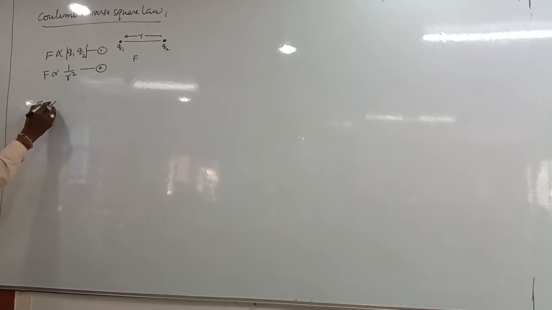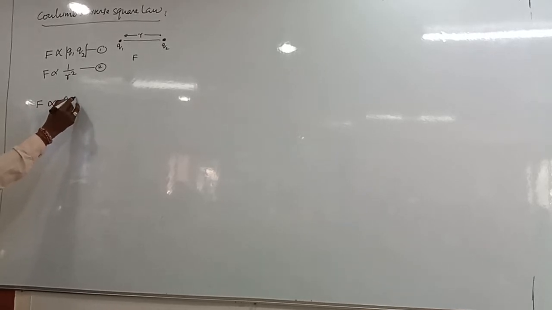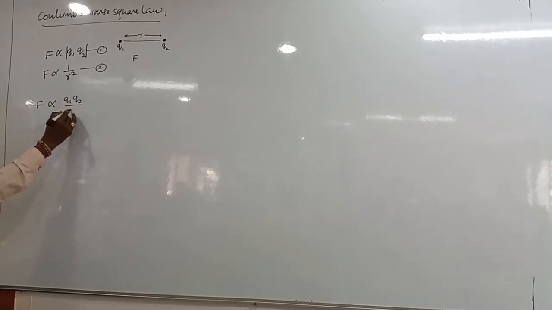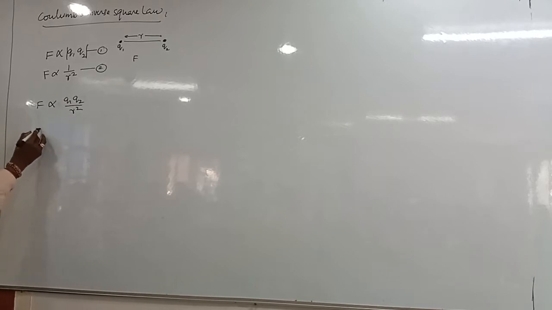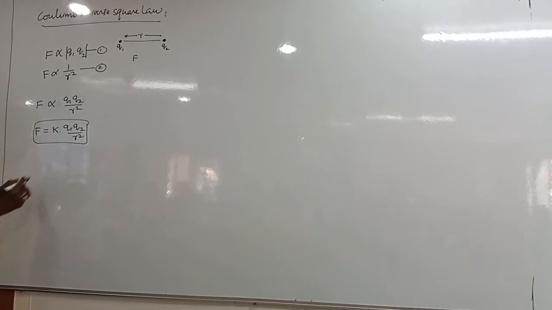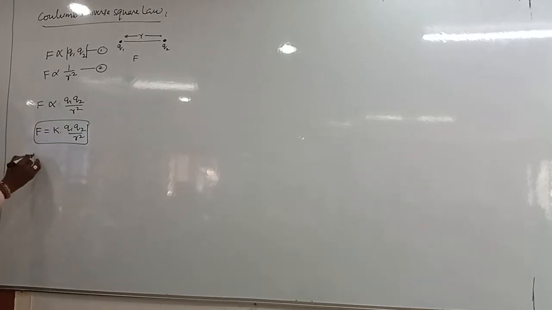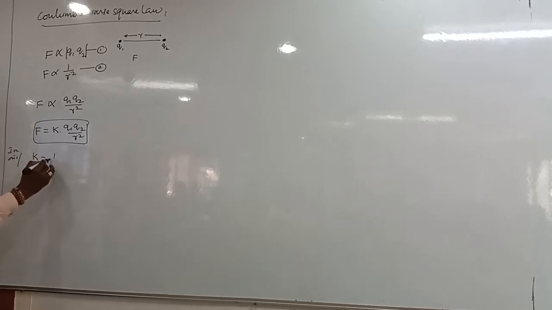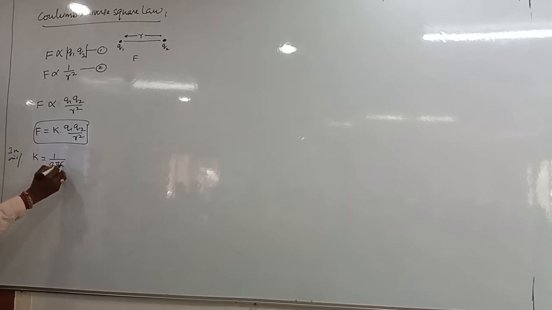F is directly proportional to q1 q2 by r square. Put a proportionality constant k into q1 q2 by r square, right? You know that k is the constant in air or free space. It is equal to 1 by 4 pi epsilon naught.